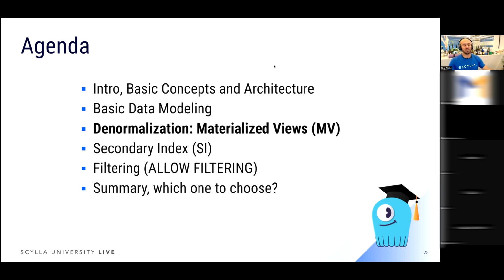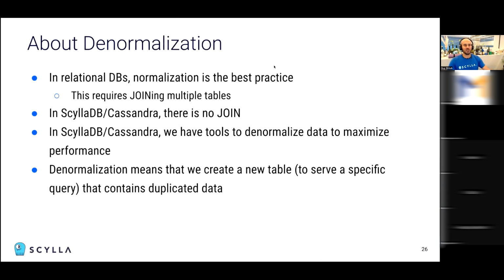Okay, so that brings me to denormalization. What is denormalization and why do I want to talk about it? In relational databases, we talk about normalization. We do things like performing joins on multiple tables. However, in NoSQL databases such as ScyllaDB and Cassandra and so on, we don't have the option to do a join.